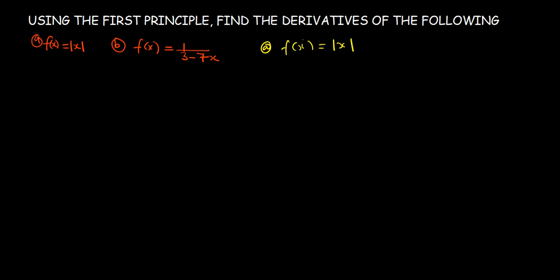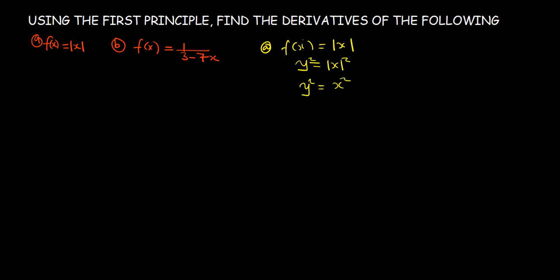So if this f of x can be written as y is equal to the absolute value of x, then to cancel this absolute, we square both sides. So that would be y squared is equal to x squared.